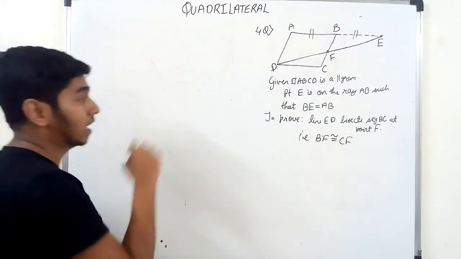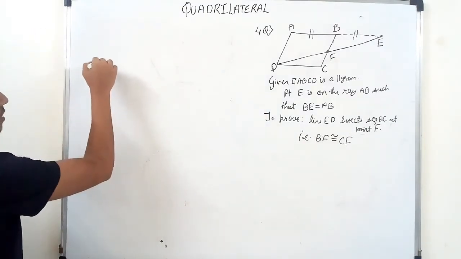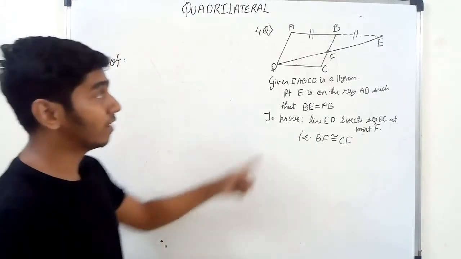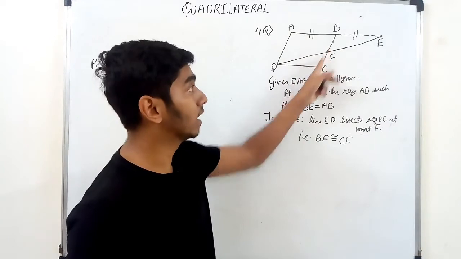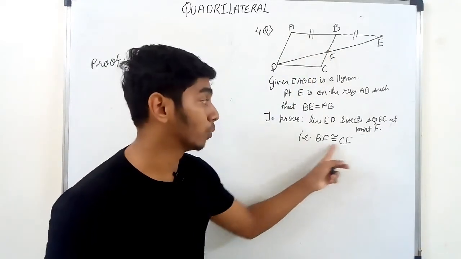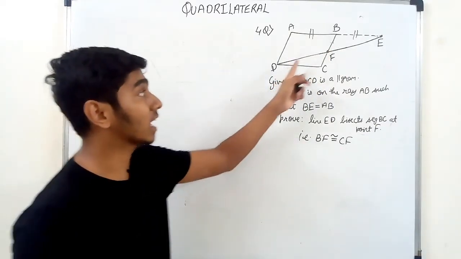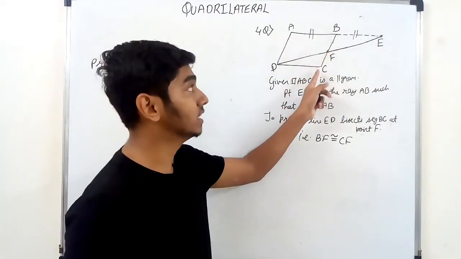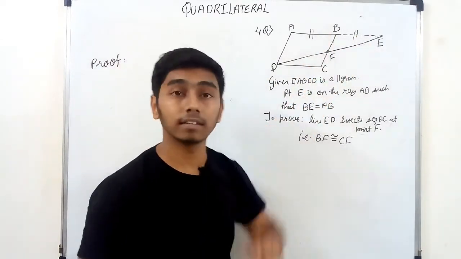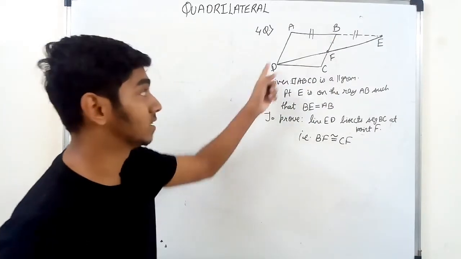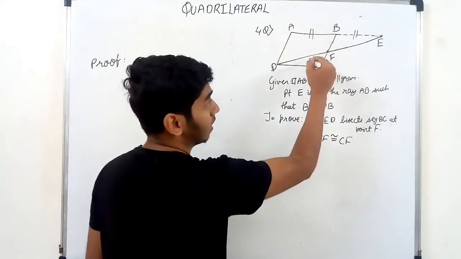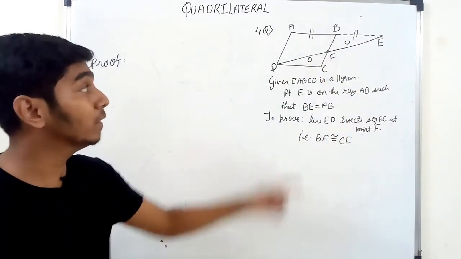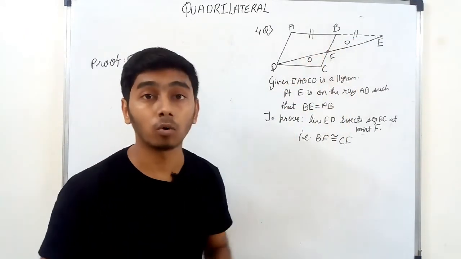Okay. Now let's start with the proof. So we have to prove that this and this, they should be congruent. Yes or no? So let's consider two triangles, triangle BFC and BFE. Let's consider these two triangles, and we'll prove these two triangles to be congruent.